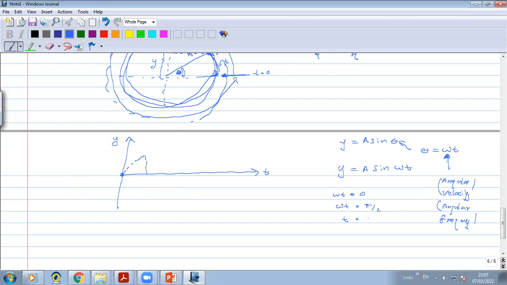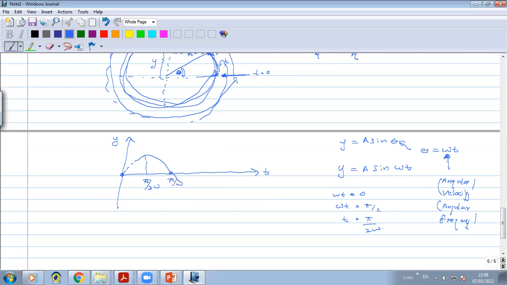Then t is equal to pi/2 omega. So this t point is pi/2 omega. And at this point omega t is equal to pi, that means t is equal to pi by omega.